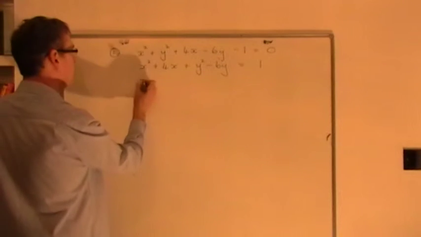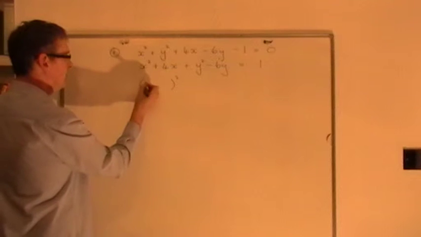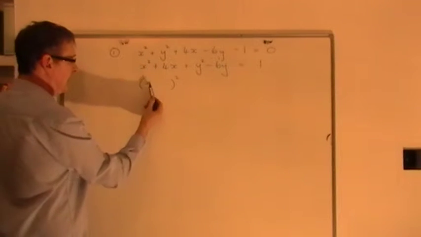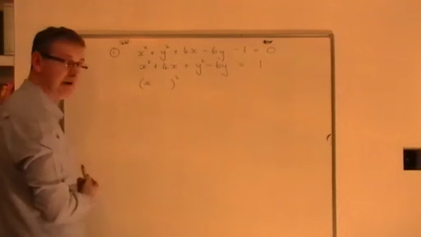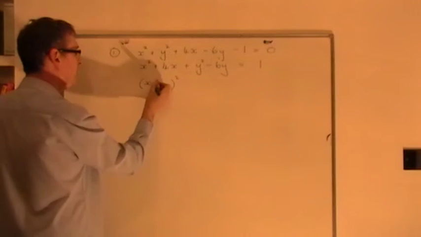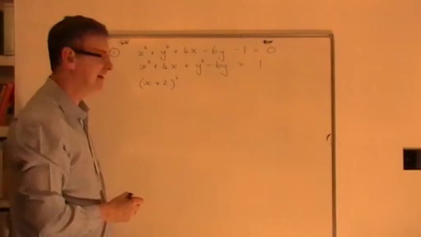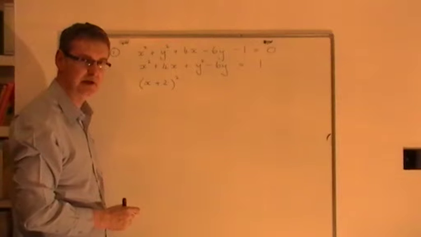So those two quantities are the same as some bracket squared. Well, if it's x squared, it must be an x. Now, if you remember how a bracket squared works, it's x times something and then double it gives you 4x. So this number here needs to be simply half of that, plus 4. It must be plus 2. Now, that as it stands is not identical to x squared plus 4x.